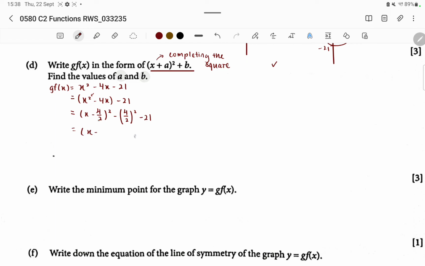x minus 4 divided by 2, you should get 2, close bracket square, minus 2 squared, minus 21. Copy back down again to simplify it again. Negative 4, negative 21, you should get negative 25. So (x minus 2) squared minus 25. This one is gf(x).